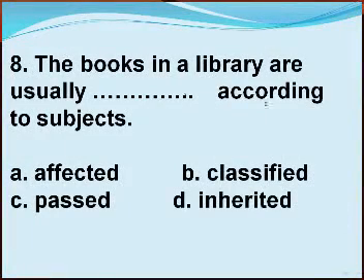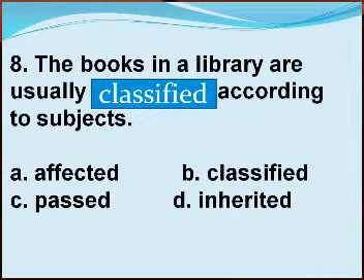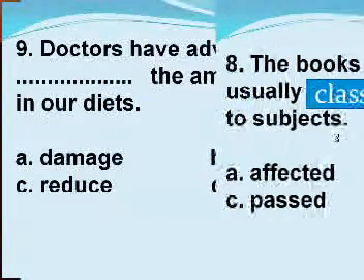Number 8. The books in the library are usually blank according to subjects. They are usually affected, classified, passed, or inherited. Very good. Classified, organized, categorized. So we have classified here.